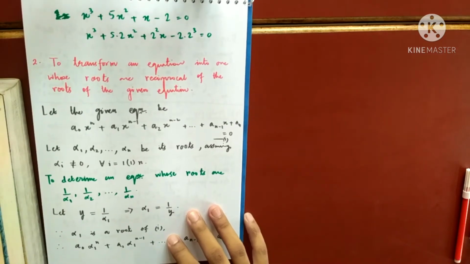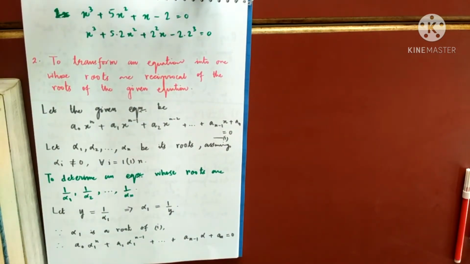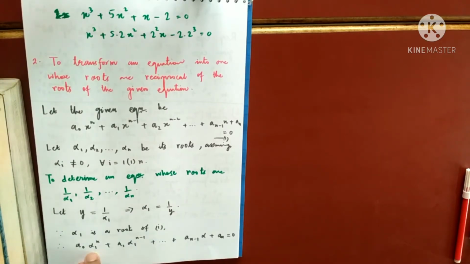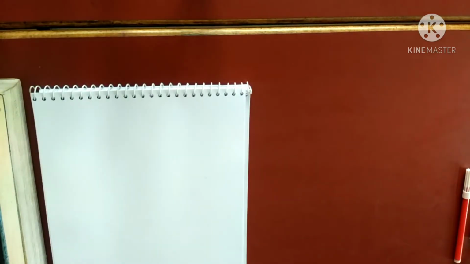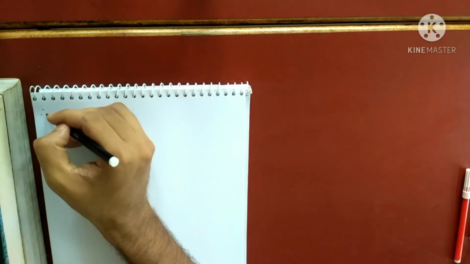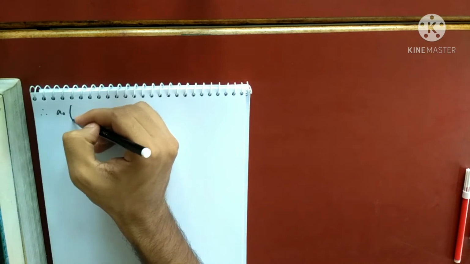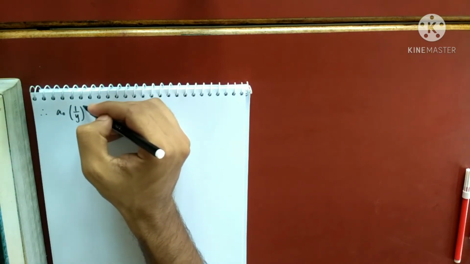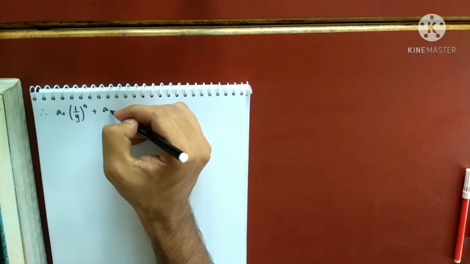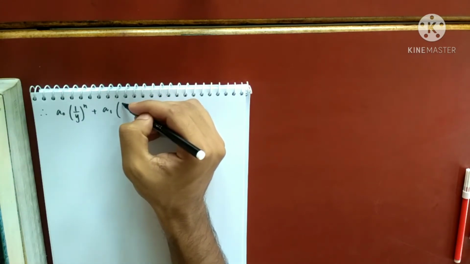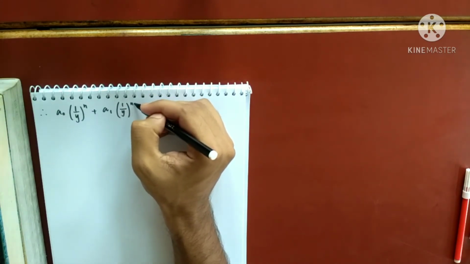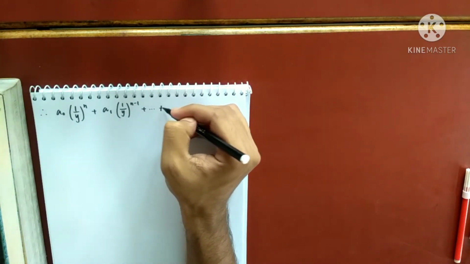So now what we will do, we will just put 1 by y in place of alpha 1. So I'll write the same thing again, just replacing all the alpha 1 by y. So now what will happen, a0 alpha 1 was 1 by y whole to the power n plus a1 1 by y whole to the power n minus 1 plus dot dot dot.